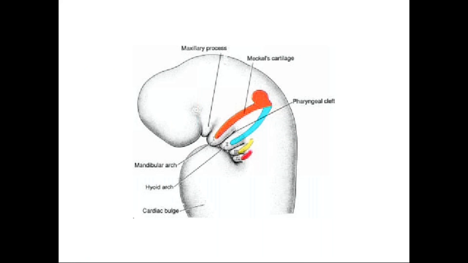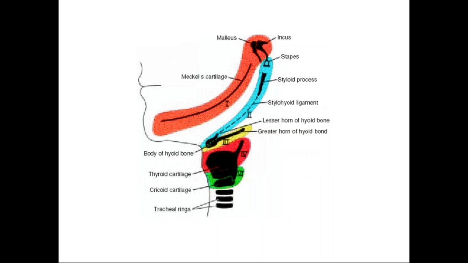Now this is another diagram, the cartilaginous part of all the arches. So this is first arch.